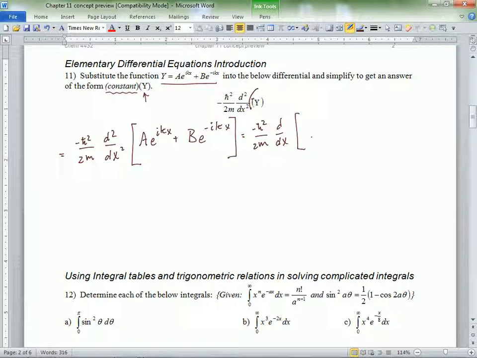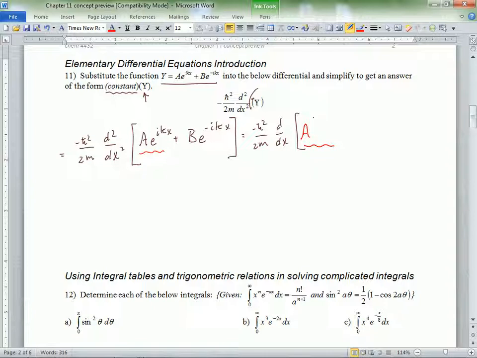So you take the first derivative of A times e to the i kx. What would you get? Derivative of what? This e to the i kx? We'll take the derivative of that first, and it would just be all of that again, with respect to x.